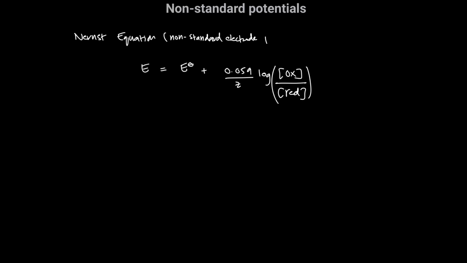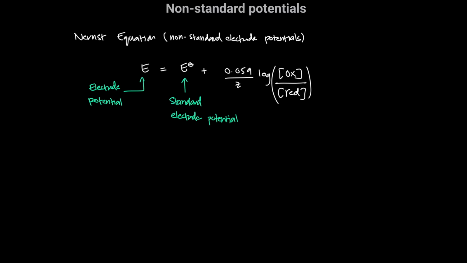Here E refers to our new electrode potential if we change the concentration. E naught refers to the standard electrode potential or the standard reduction potential, that is using 1 mole per dm cube solutions.